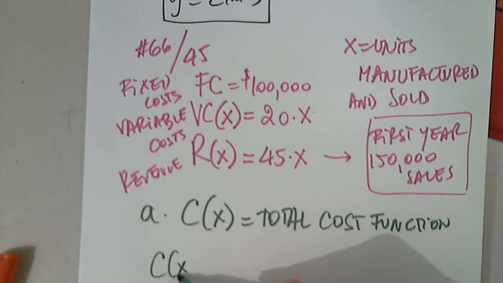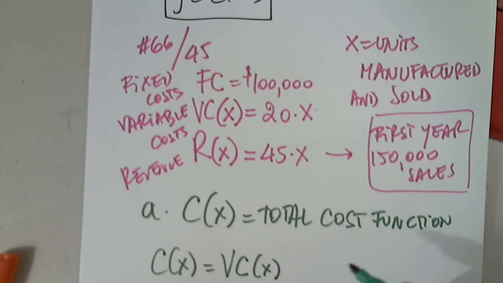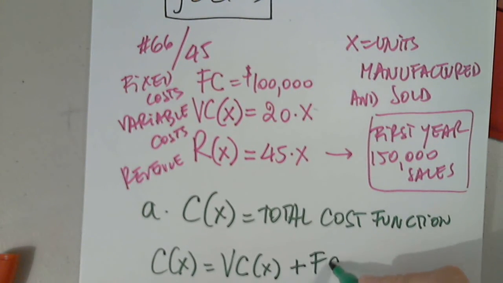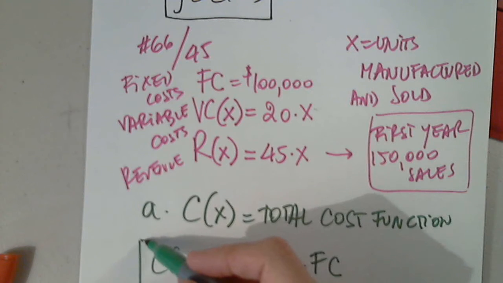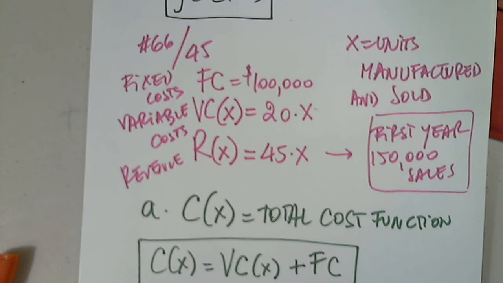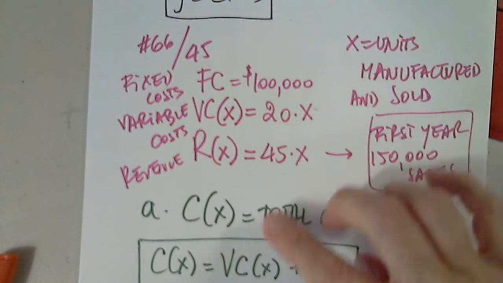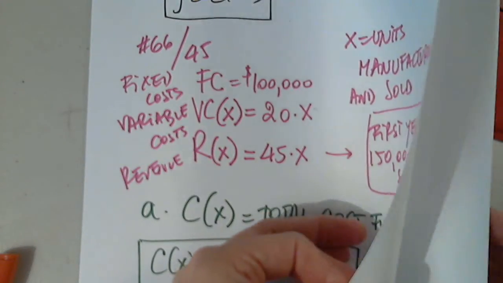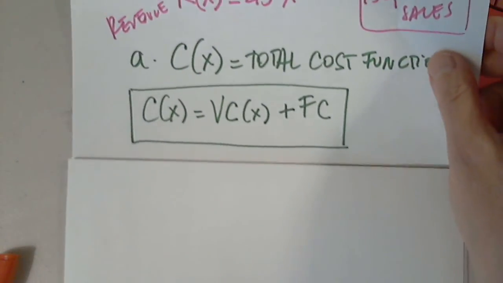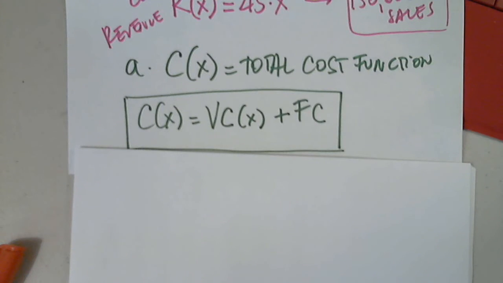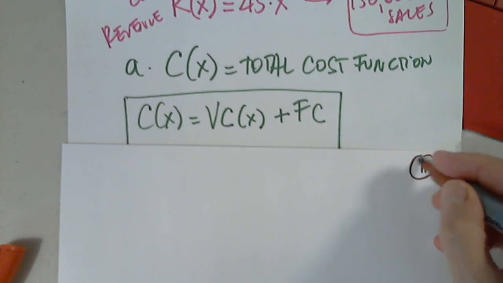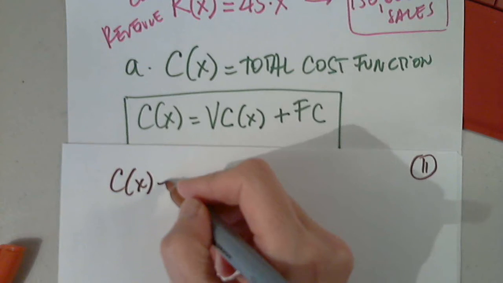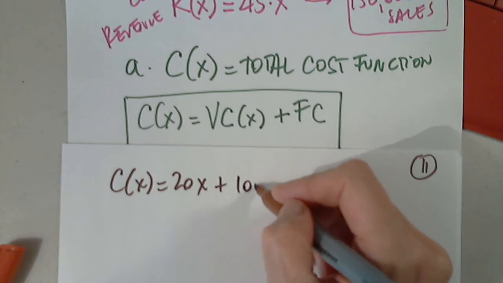So we know that the total cost is always the variable cost of X plus the fixed costs. We have both. So this one is 20X and this one is 100,000. I'm just going to replace them, and that is the total cost function: 20X plus 100,000.